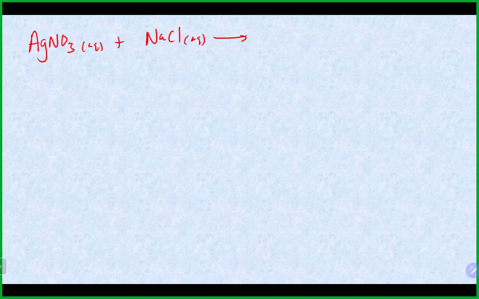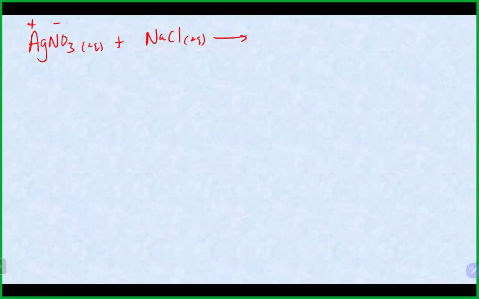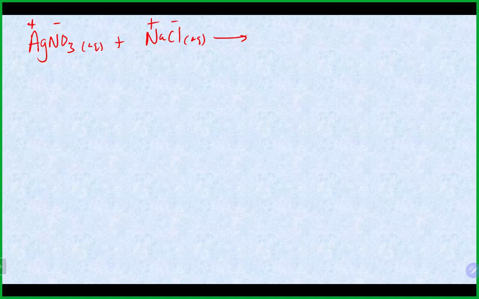Once again, when we have this setup, we can identify these as ionic compounds, so positive, negative, positive, negative. So right there, you know it's going to be a double displacement reaction where the positive hooks up with the negative over here.